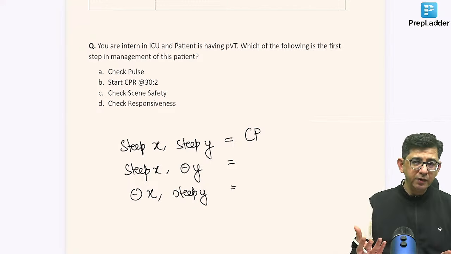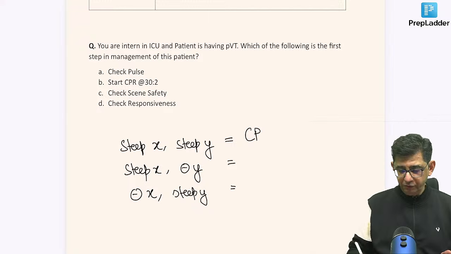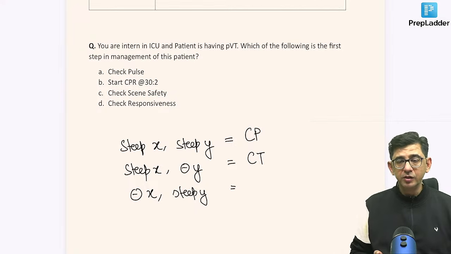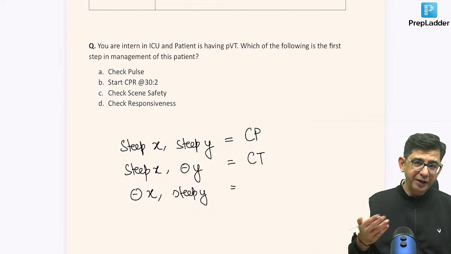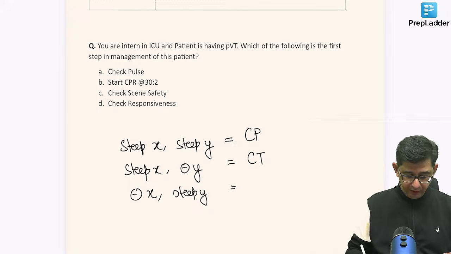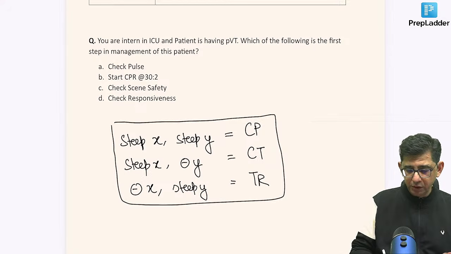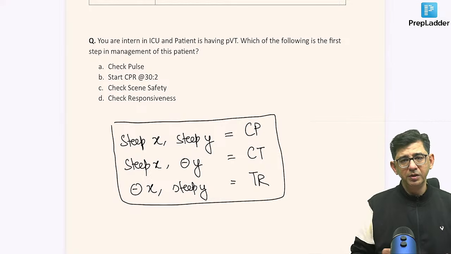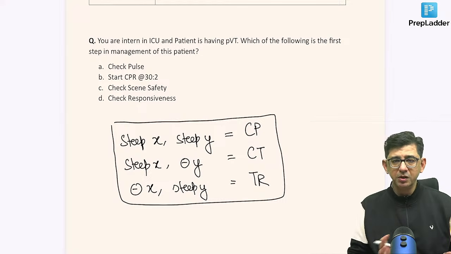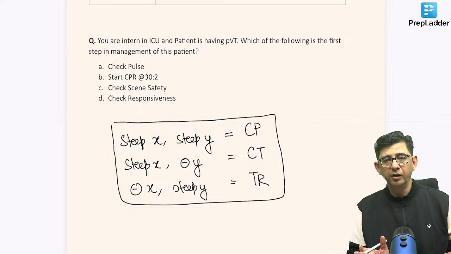If there's an absent Y तो filling ही नहीं हो रहा, because the filling will not happen in cardiac tamponade, and if it is absent X then atria is not able to relax properly because right ventricle blood is leaking into the right atria. That is gonna be tricuspid regurgitation. So this was like a query that was coming up कि सर तीनों का permutation combination क्या होगा. Super easy. Steep written two times, it is constrictive.